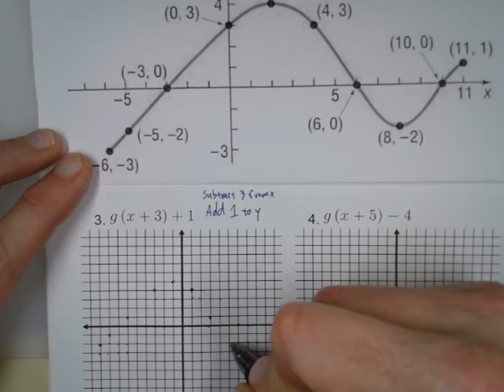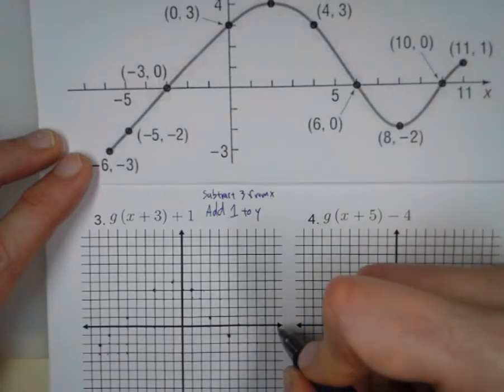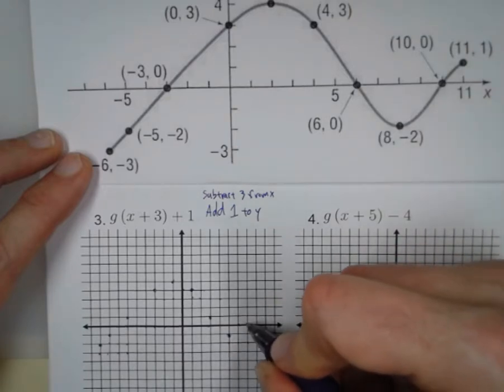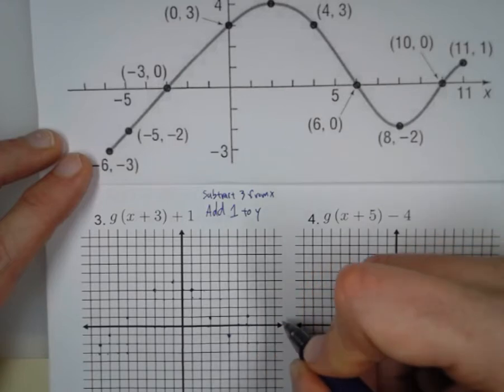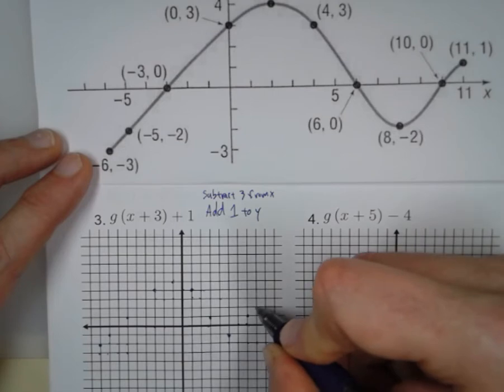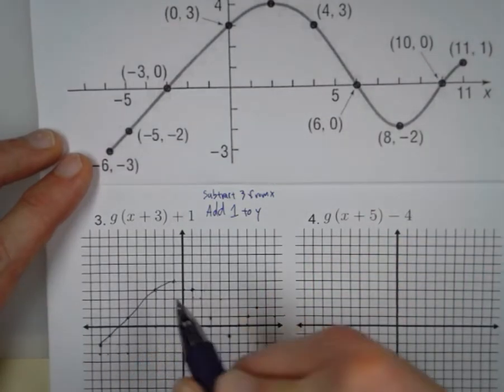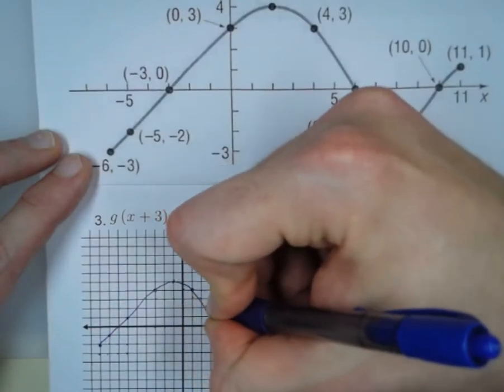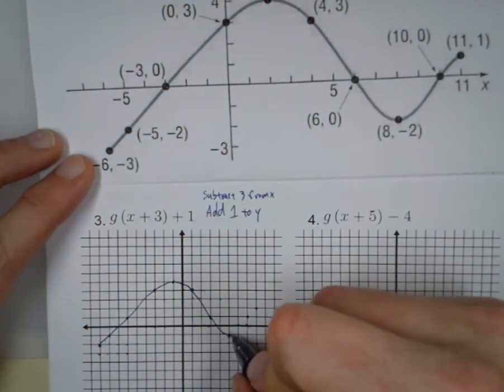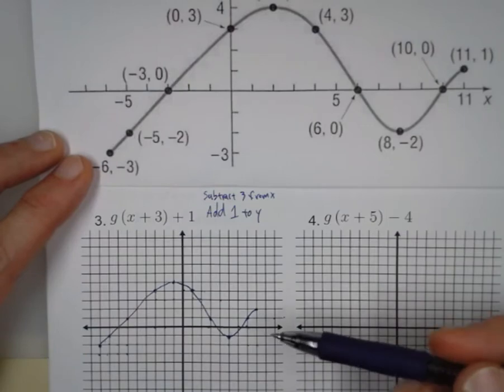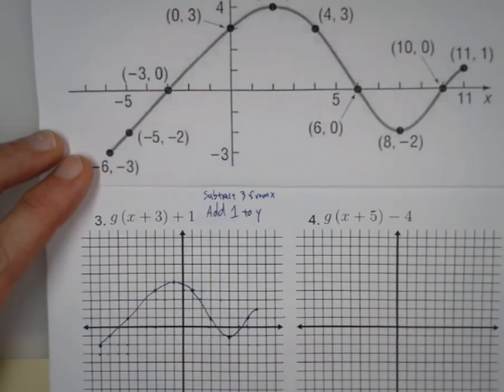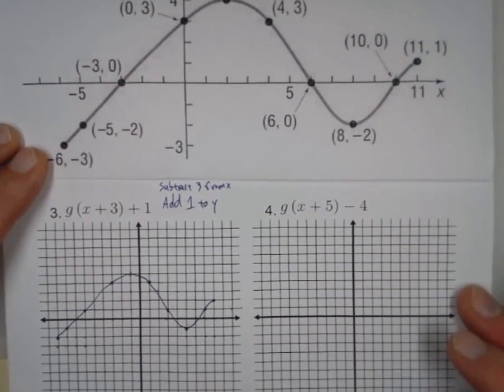We go over 1, 2, 3, up 1. 10, 0. So go 1, 2, 3, up 1. And then 11, 1 would be right here. We go over 1, 2, 3, up 1. So here is our graph. So the whole thing got moved 3 spaces to the left and got moved 1 space up.